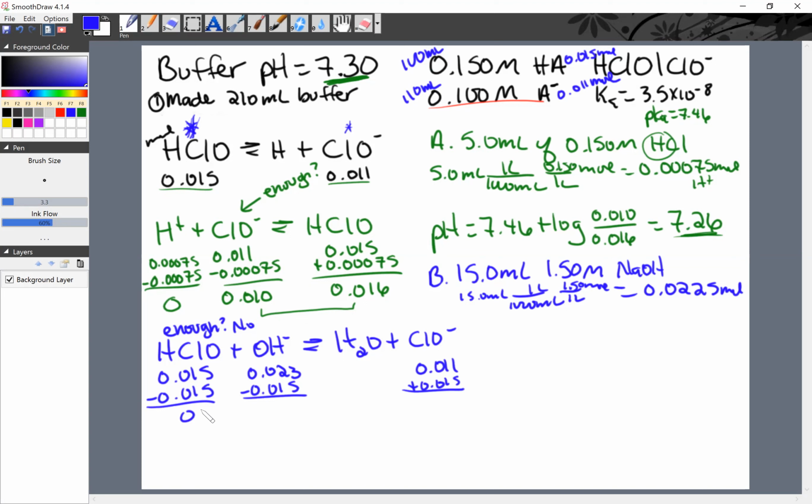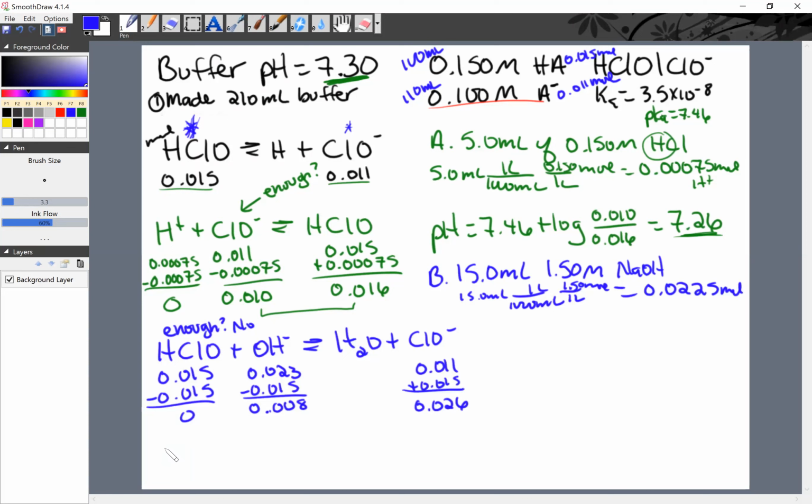So I'm left with, let me see, 1, 2, 3 after 1, 2, 3. So I'm left with 0.008 of the strong base. And now I have that much of my weak base.